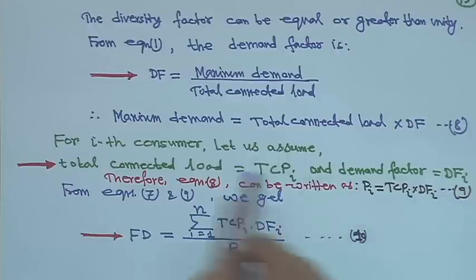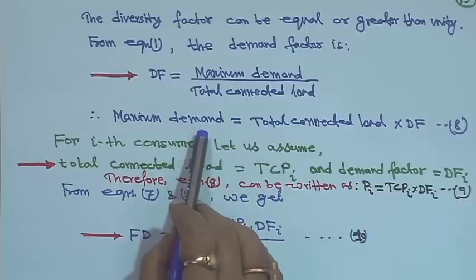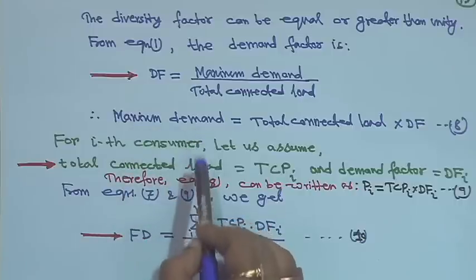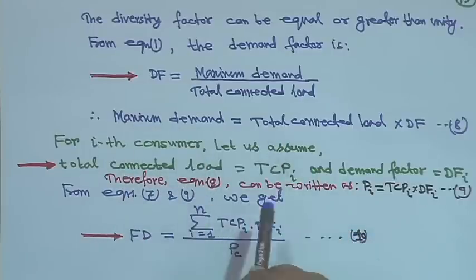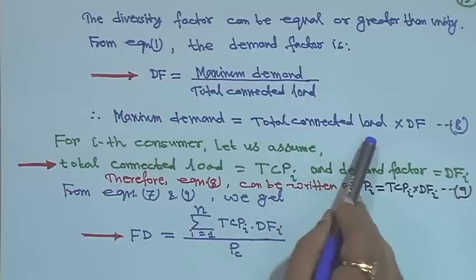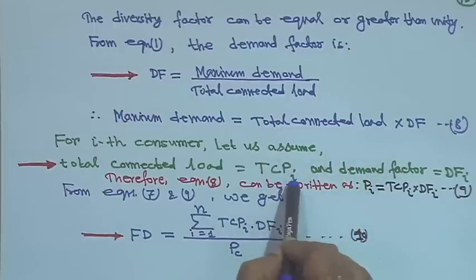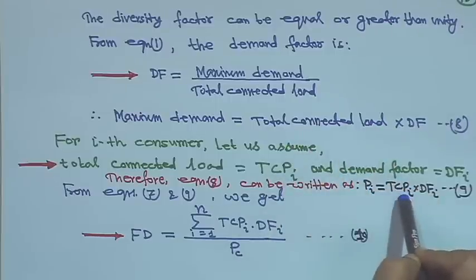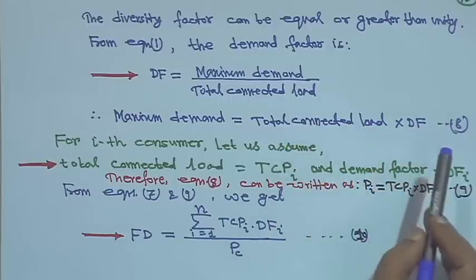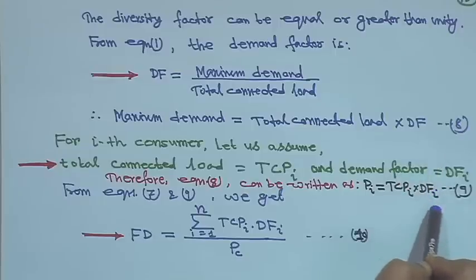This is equation 9. So, the maximum demands were P1, P2, P3, as I was telling just now. For the ith consumer it is Pi, and the total connected load for the ith consumer we define as TCPi, into the demand factor DFi.